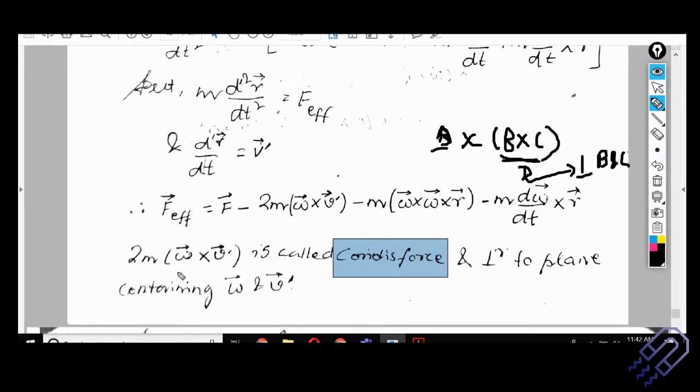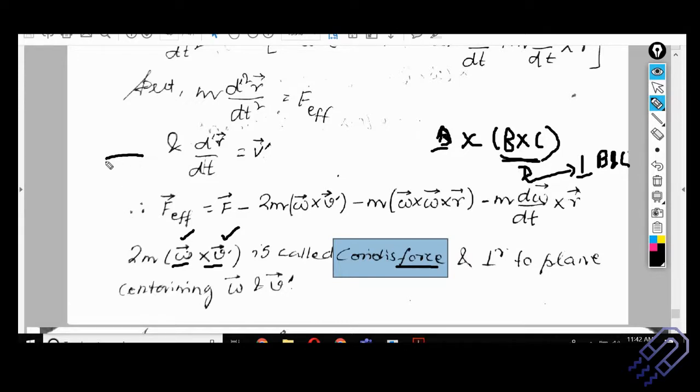So if you are considering a cross product of omega and V dash, the resultant vector that you get, that means the force, which is a vector quantity, will be perpendicular to the plane containing omega and V dash. This is how the triple product works.